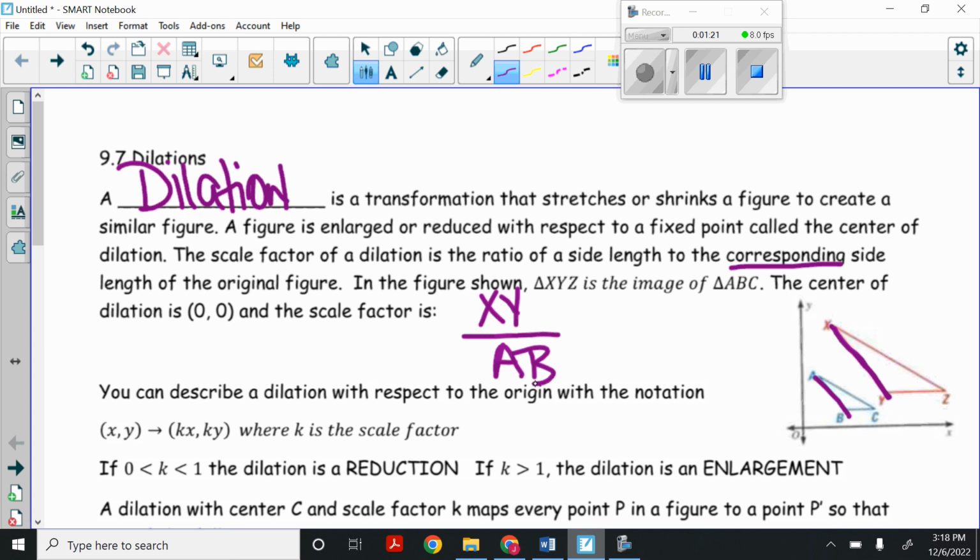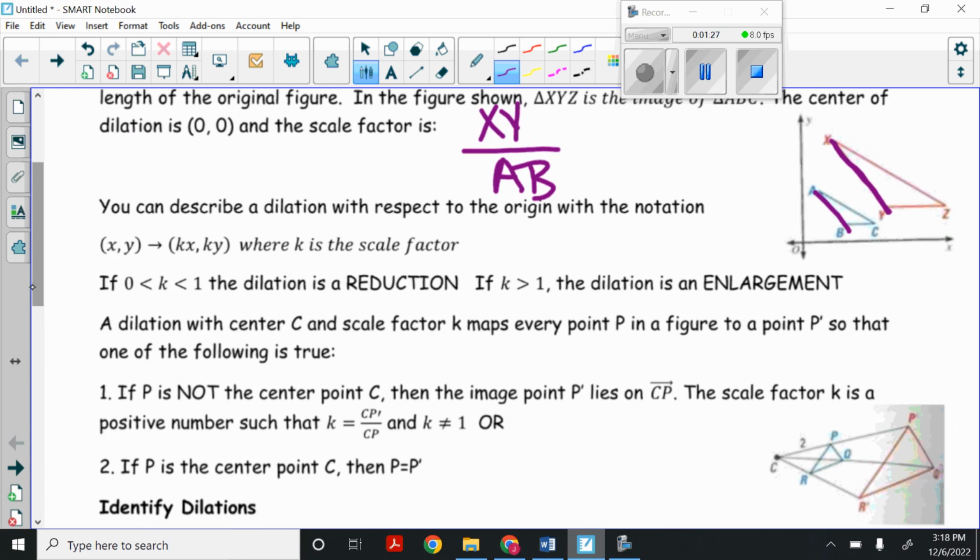You can describe a dilation with respect to the origin with the following notation. If I started out with the point (x, y), then I went to the point (kx, ky), where k is my scale factor. If k is between 0 and 1, so smaller than 1 but bigger than 0, the dilation is a reduction.